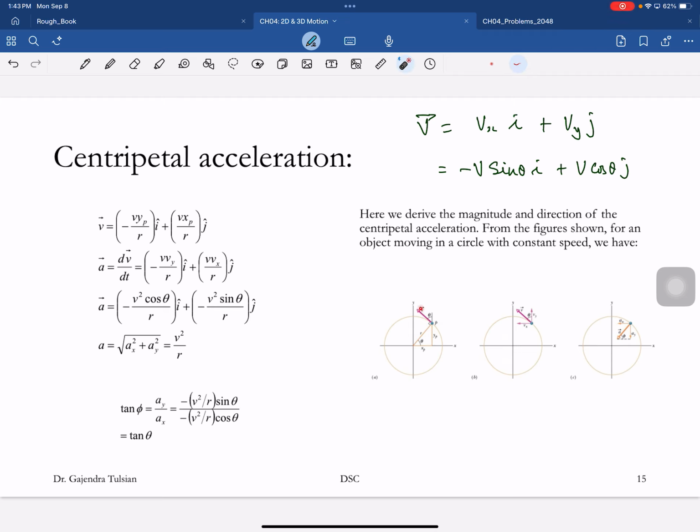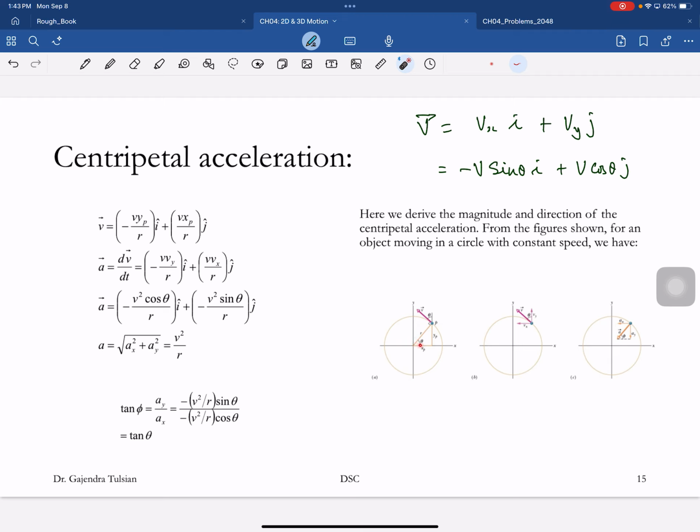This side of the triangle is V sine theta, and I put in the negative sign by hand because it's pointing in the negative x direction. And the y component of the velocity is this side of the triangle, which is V cosine theta.